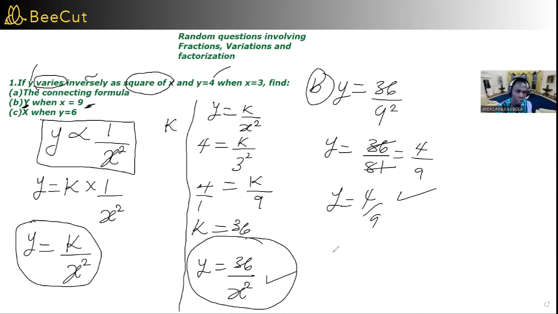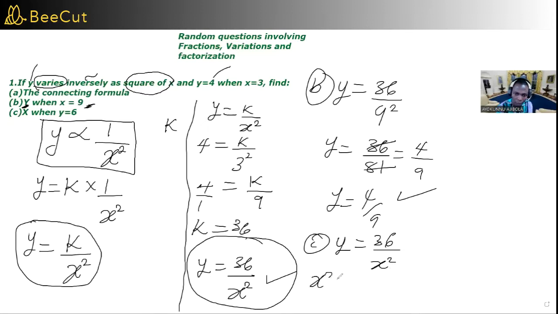Now, do you think you can solve the third one? The third one says find x when y equals to 6. So you go back to the formula. y equals to 36 all over x squared. Then you are looking for x this time around. So x goes up, y goes down.